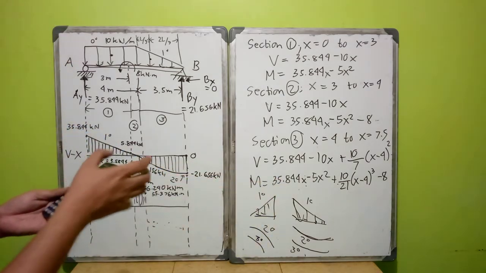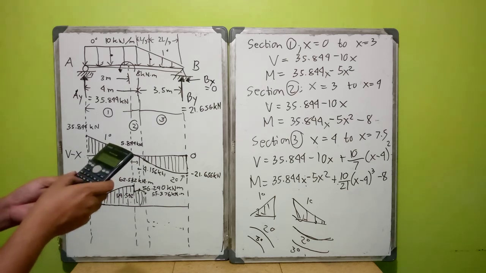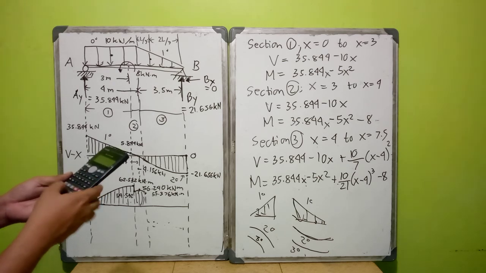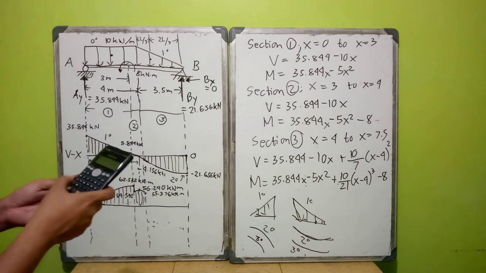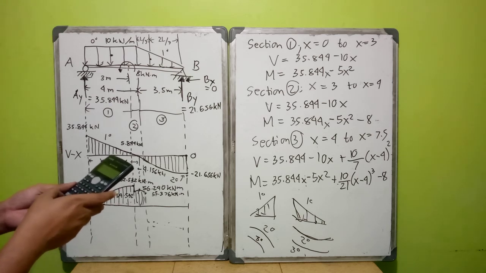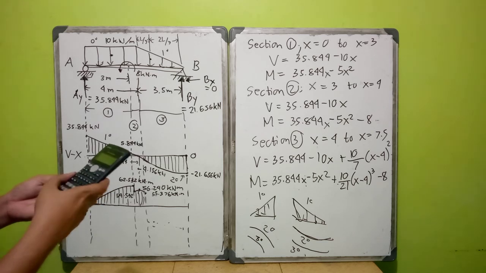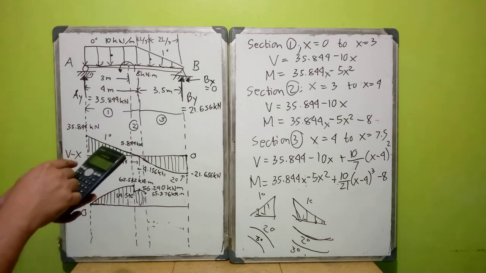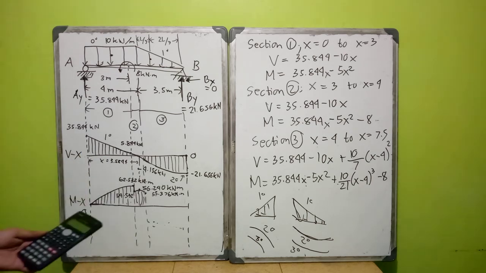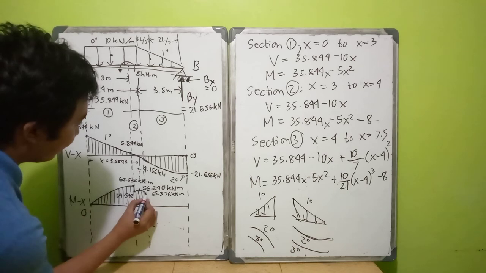So 35.844 times 7.5 minus 5 times 7.5 squared, plus 10 divided by 21 times 7.5 minus 4 to the power of 3, minus 8. So negative 3.333 times 10 to the negative 3. So very small value, almost 0. So it will become 0.